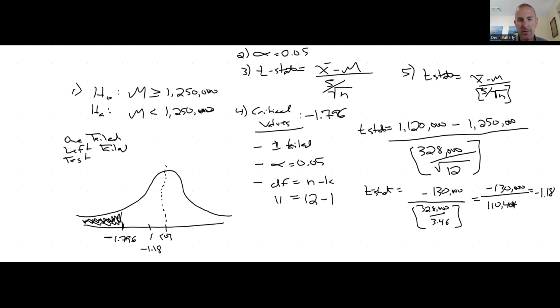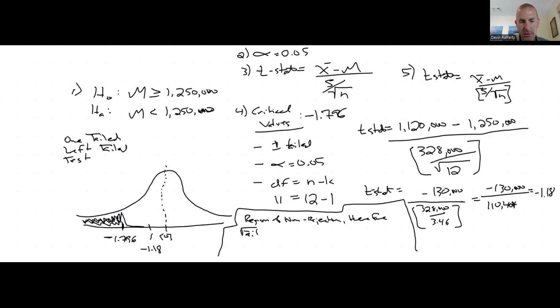Okay. So since negative 1.18 is in the region of non-rejection, and therefore I fail to reject the null hypothesis.